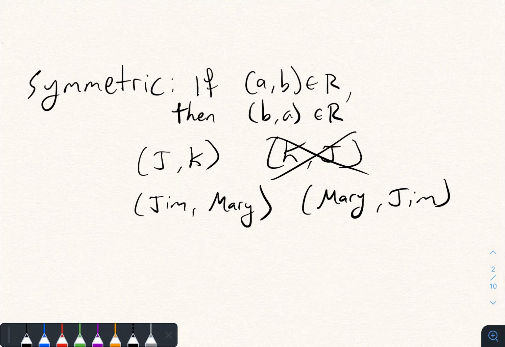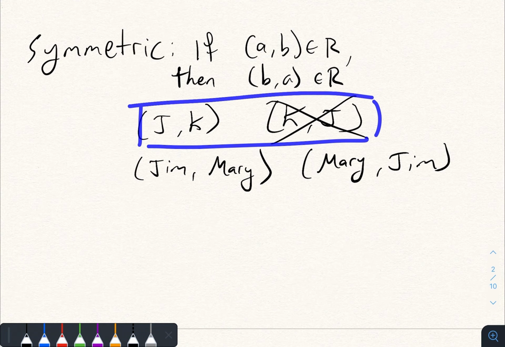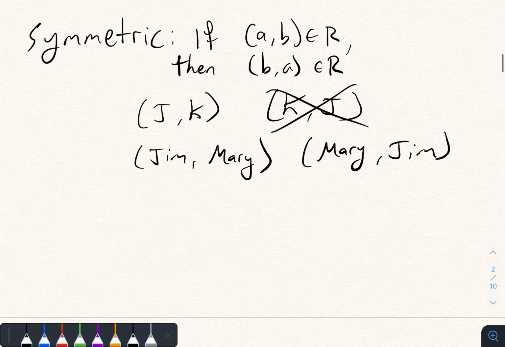And so this would be an example of a symmetric relation because there's no way that you could violate this. You can't have that Jim has the same color shirt as Mary, but Mary doesn't have the same color shirt as Jim. It has to go in both ways because it is symmetric. Okay, so that's an example of a symmetric relation, whereas the person A likes person B thing is not symmetric.